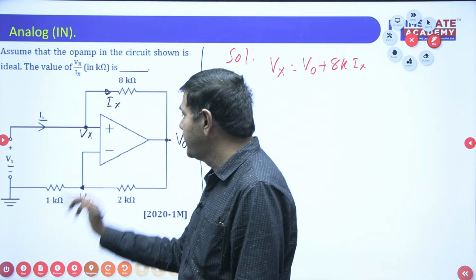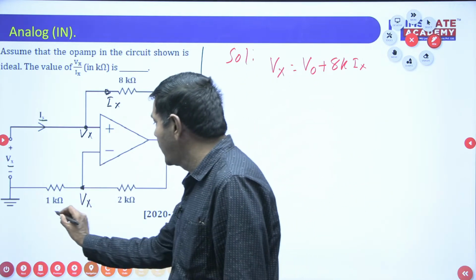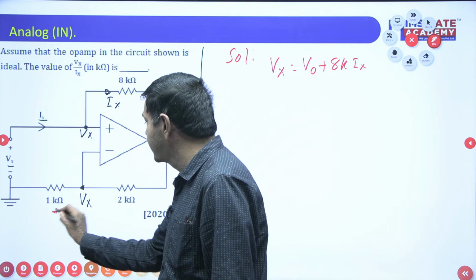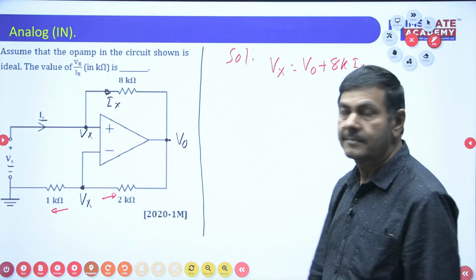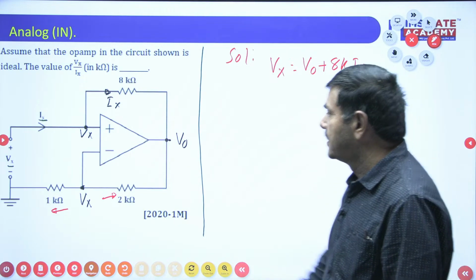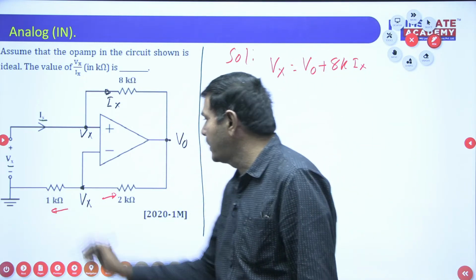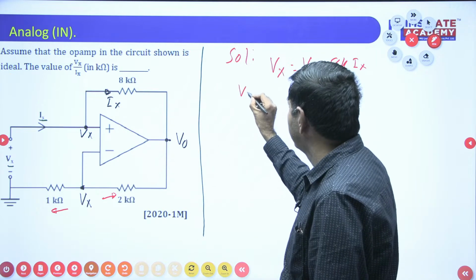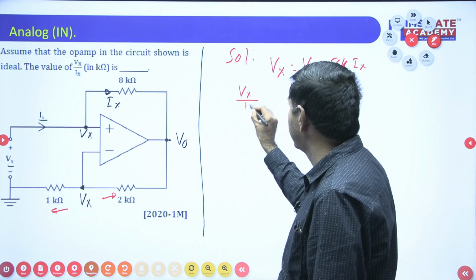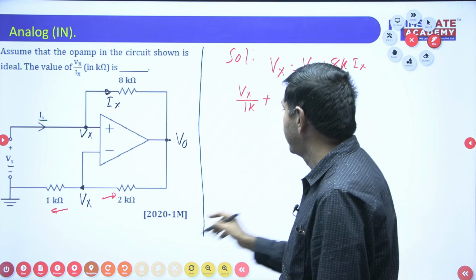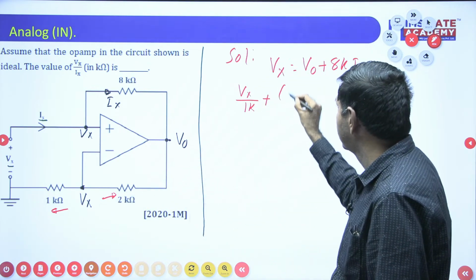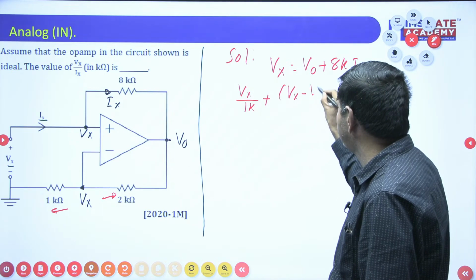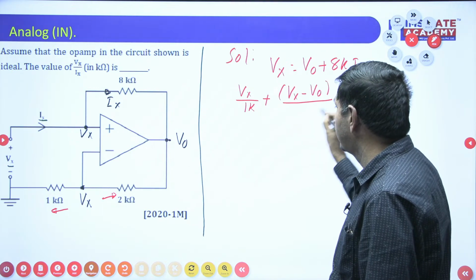This voltage is also Vx. I wish to apply the nodal analysis. This current plus this current equal to 0 only, as per the nodal. So this current is nothing but Vx by 1K. Vx by 1K I can write, plus this current is nothing but Vx minus V naught divided by 2K.